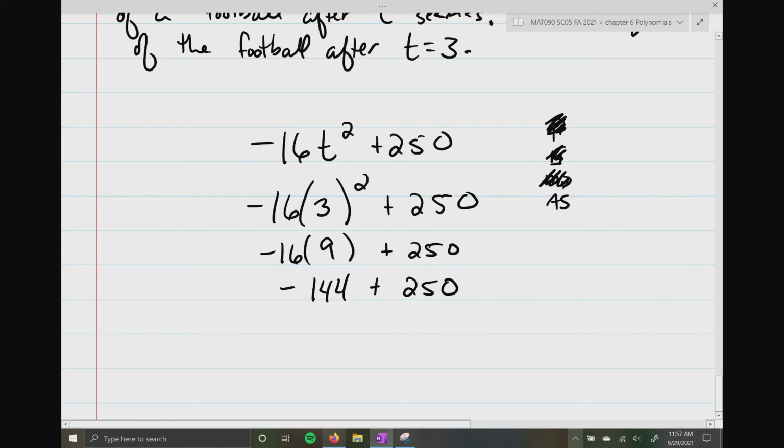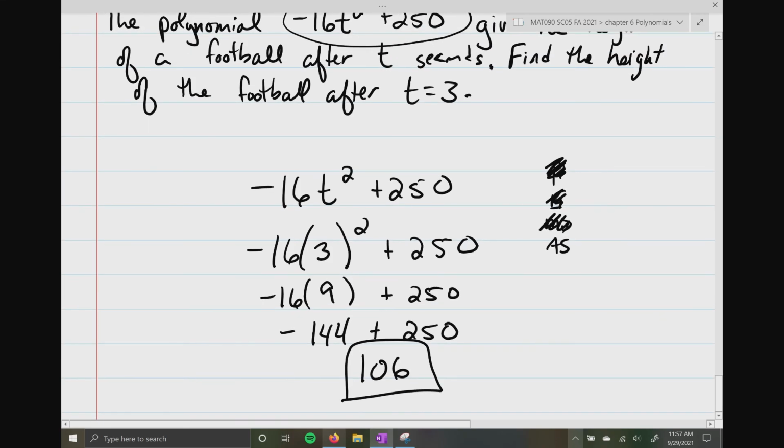So multiplication and division are now done. And negative 144 plus 250 is 106. So, since they asked for the height of the football, we're just going to say 106 feet in the air.